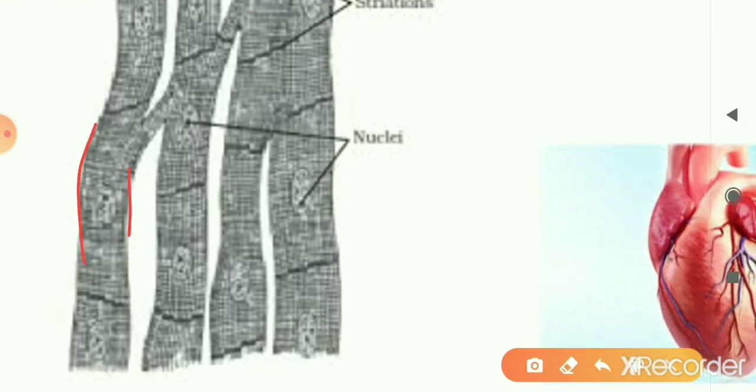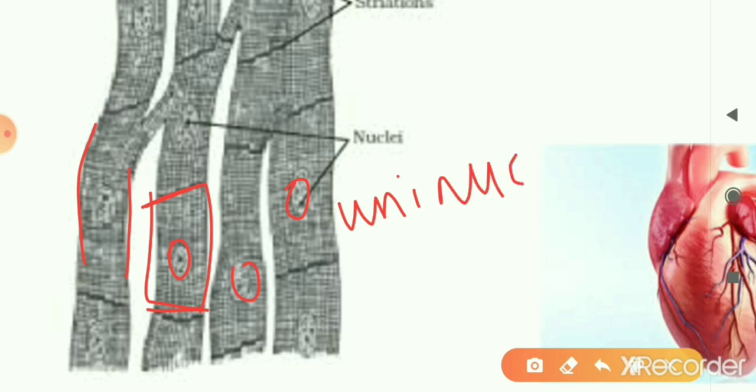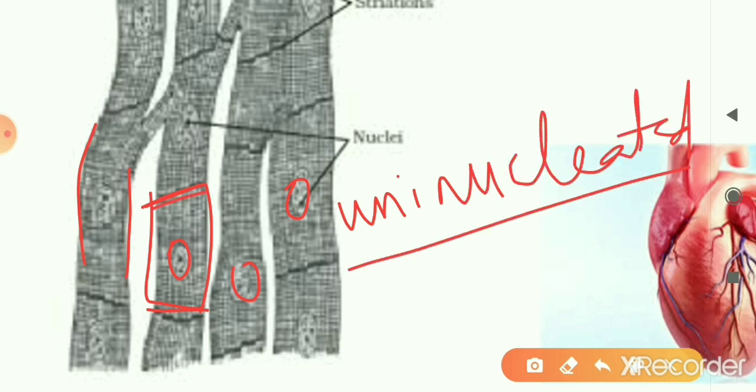Like striated muscles, the cells are cylindrical, but they are a bit shorter than the striated muscles, and they have broader ends. The other feature is that each cell has a single nucleus. So the cells are uninucleate, cylindrical, and have broader ends.